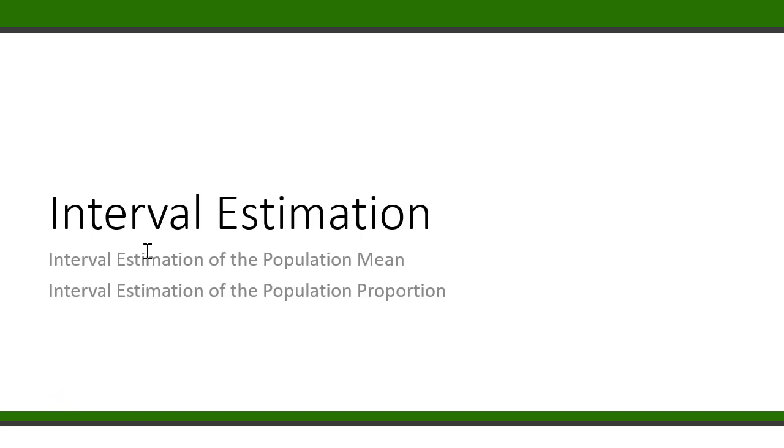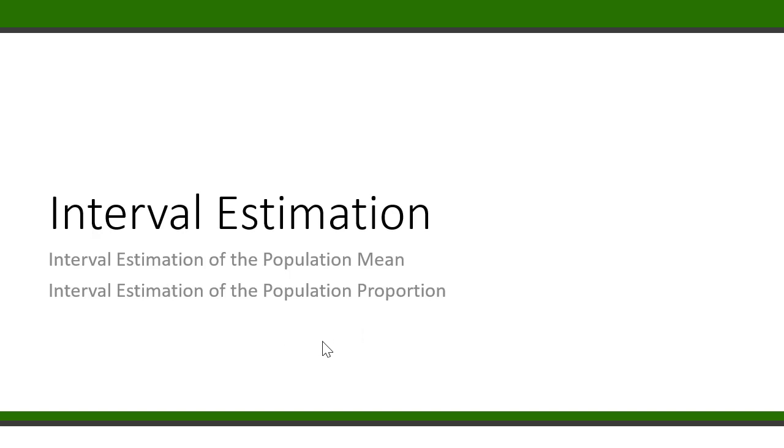So the next thing we want to talk about is interval estimation. We want to do interval estimation of the population mean and the population proportion. Think of interval estimation this way: we've seen that when we take a sample, it's not exactly what the population mean or the population proportion is, but we'd like to have some estimate of how close we are.